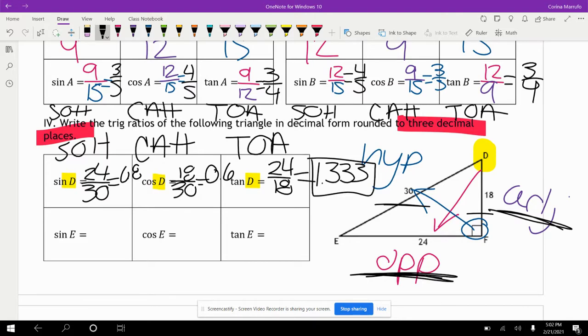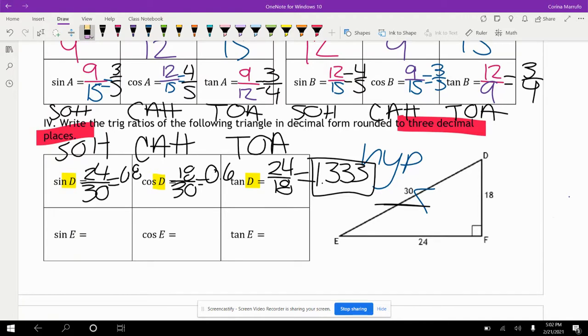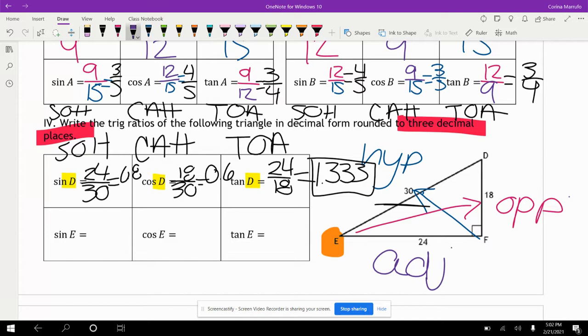Now they want us to find the sine of angle E. So I'm going to have to erase my opposite and my adjacent. Remember, your hypotenuse stays the same. My hypotenuse will always be 30. But since we're going based off of angle E now, this one is now my opposite, and this one is now my adjacent.